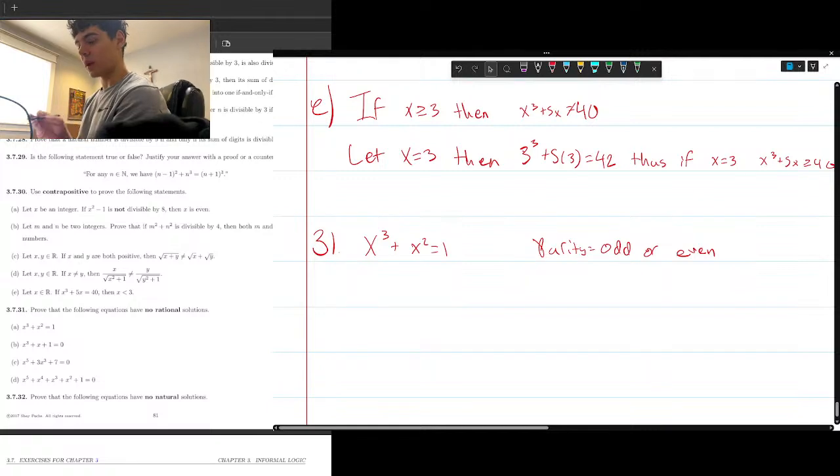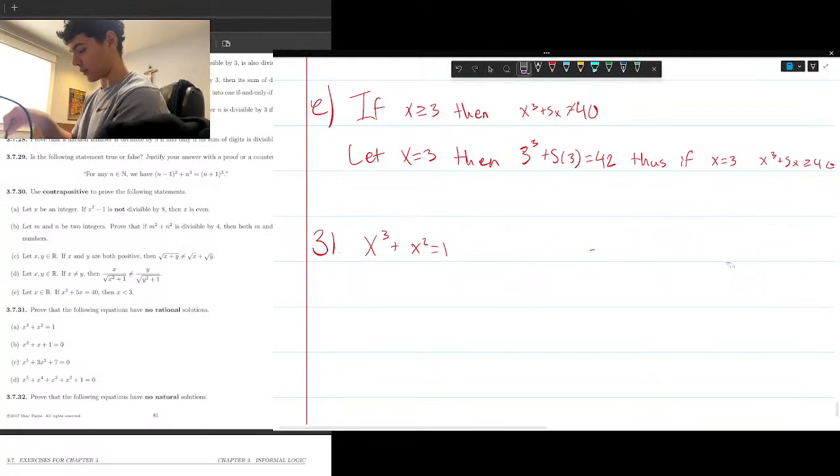So 31. Again, immediately obvious. You have x squared plus x cubed.